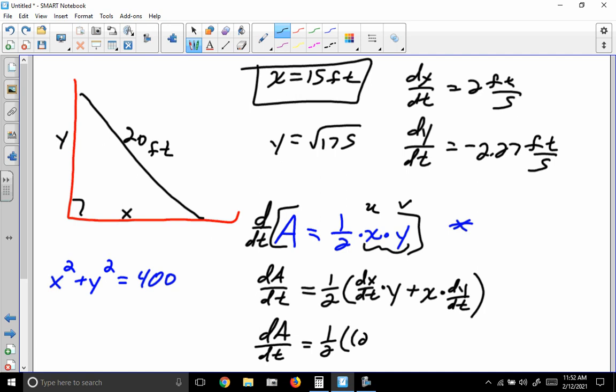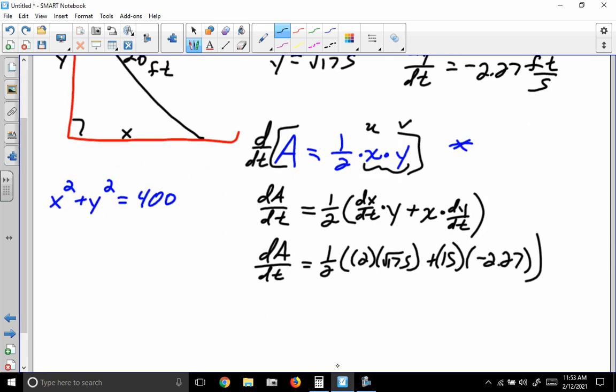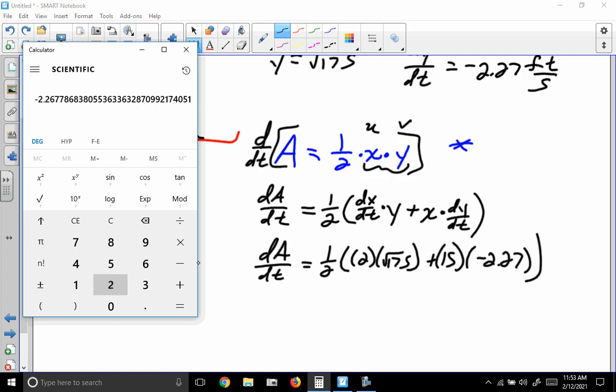So 2 times the square root of 175 plus 15 times negative 2.27. And then we can compute what that change in area is. So 2 times the square root of 175, that's this first part.